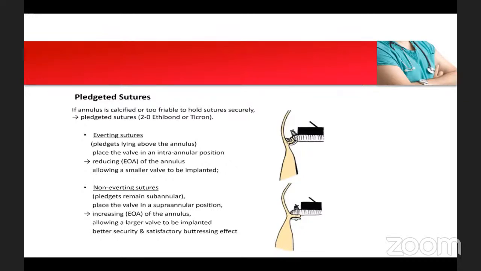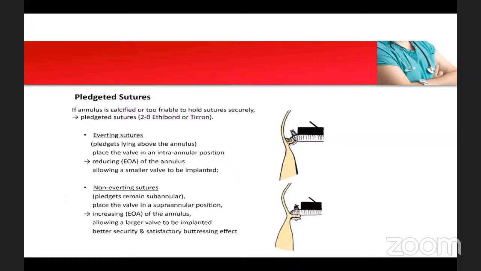For everting suture, the pledget is lying above the annulus, so the bite is from the aorta toward the ventricle. This will place the valve in an intra-annular position and will result in reduced effective orifice area of the annulus, allowing a smaller valve to be implanted.